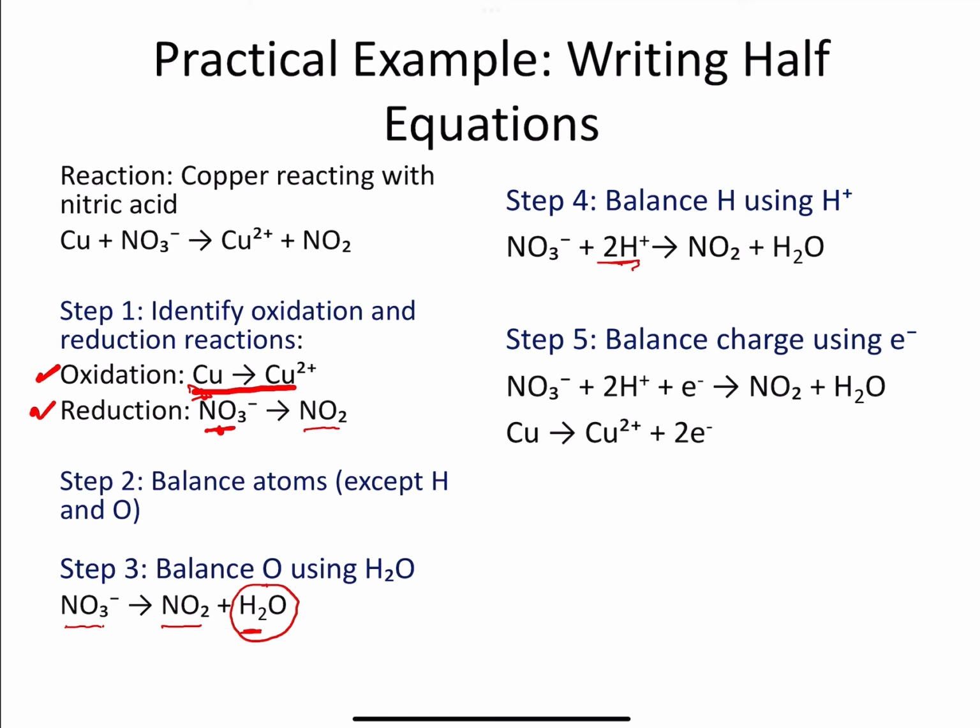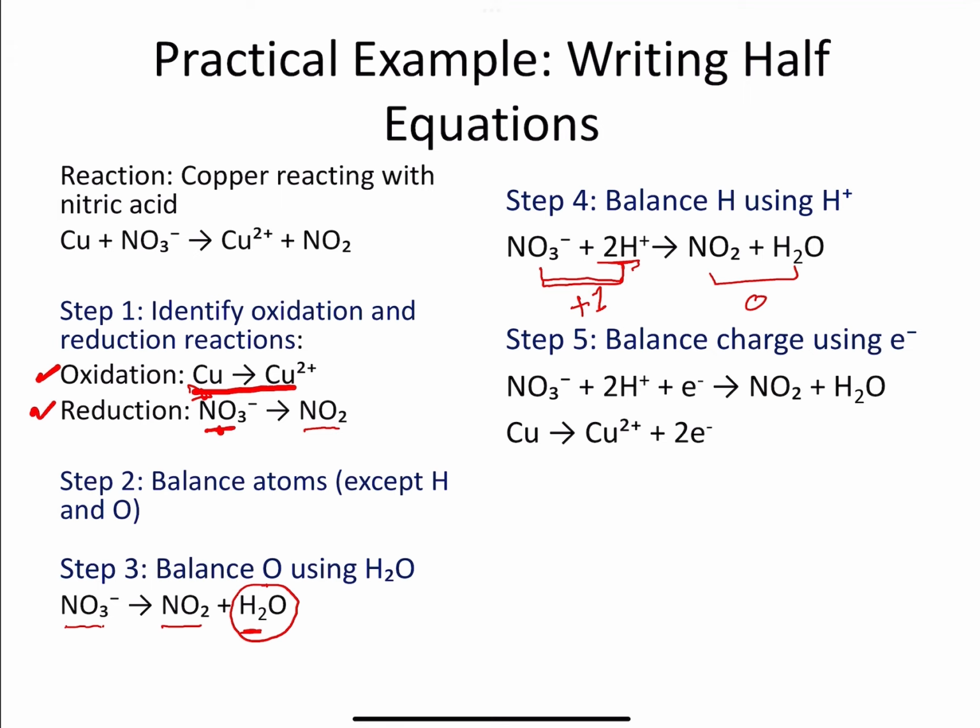Now for the reaction for the nitrate, which is the reduction half equation, we can see that the total charge on the left-hand side is +1, because there is +2 and there is -1, and on the right it's 0 because these two are uncharged, neutral molecules.